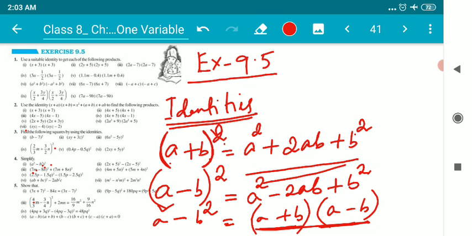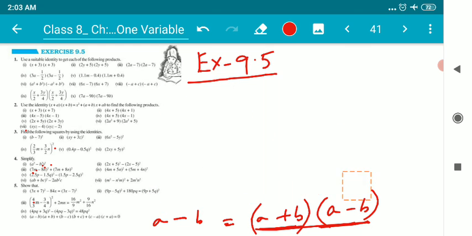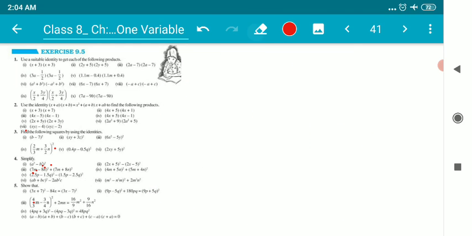All of you are requested to write down these identities in your copy by making a box, as we are at the starting stage of identities. Such identities will be used in mathematics in the future.